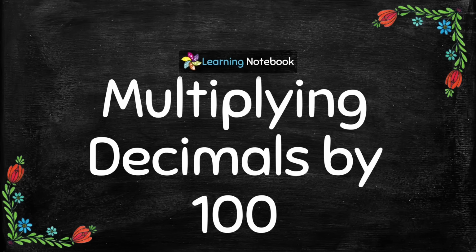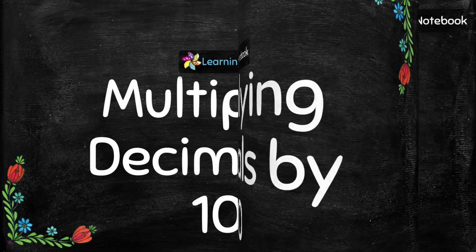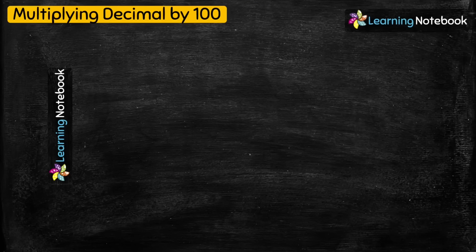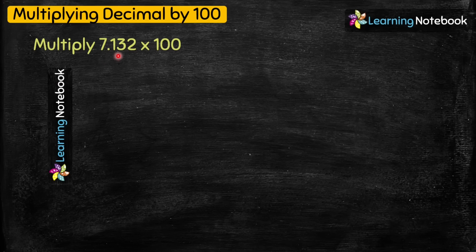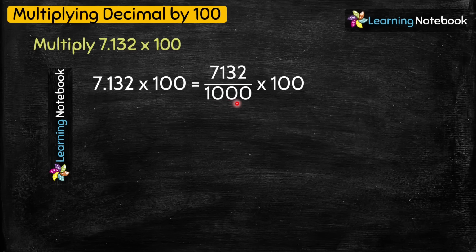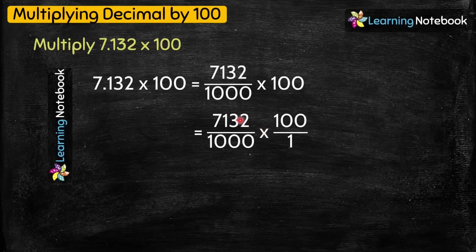Now let's see how to multiply decimals by 100. Question is, multiply 7.132 by 100. So again, first we will convert this decimal number into fraction. We have 3 decimal places. So fraction will be 7132 upon 1000. And now 100 can be written as 100 by 1. Let's cancel zeros by 0.